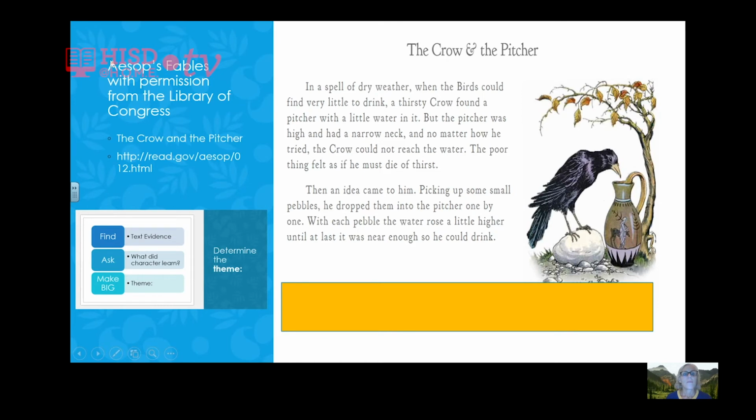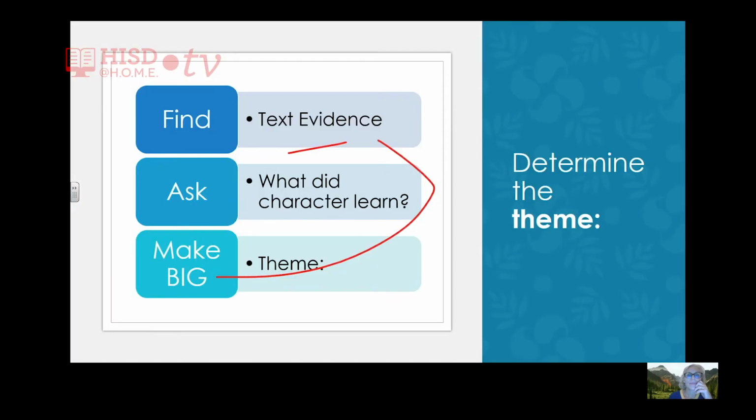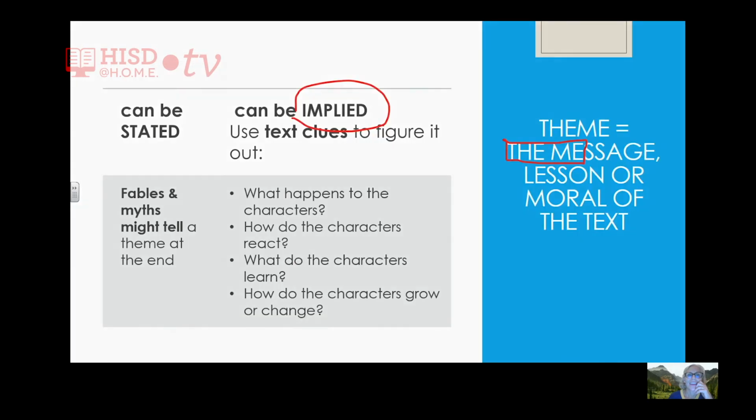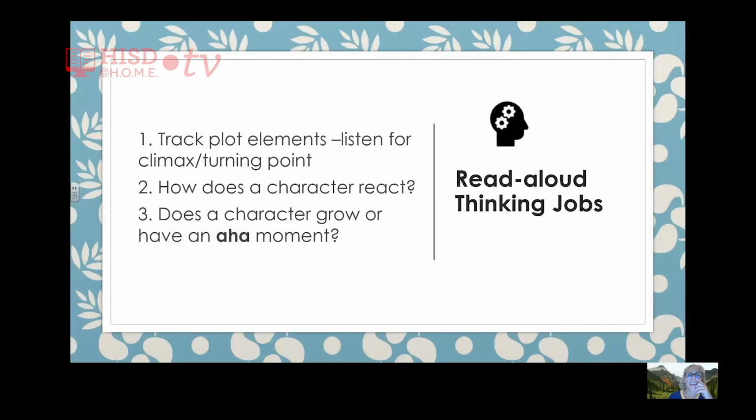So I want you to listen now. As you listen to the crow and the pitcher, I want you to think about what's the character learning? Go back to your thinking jobs. How does the character react? And does a character grow or have an aha moment?